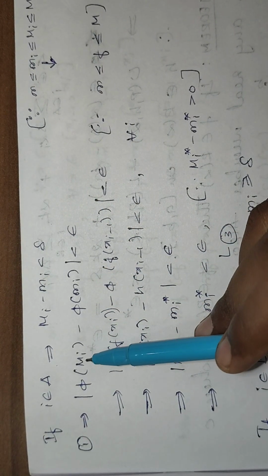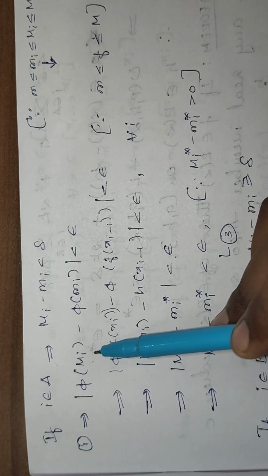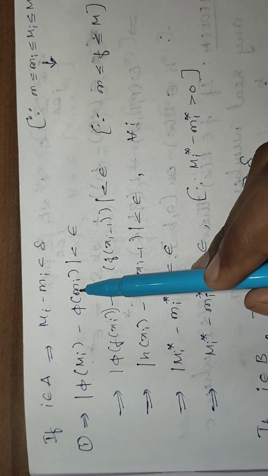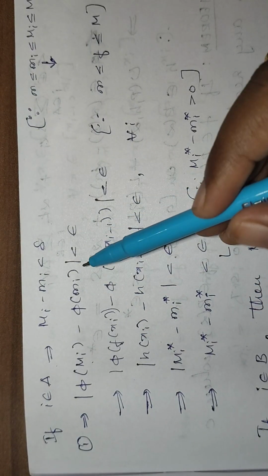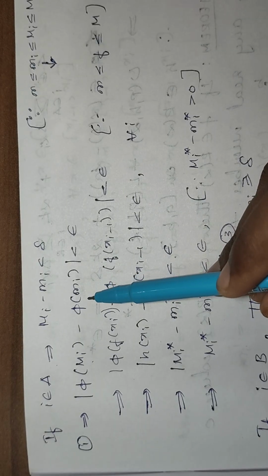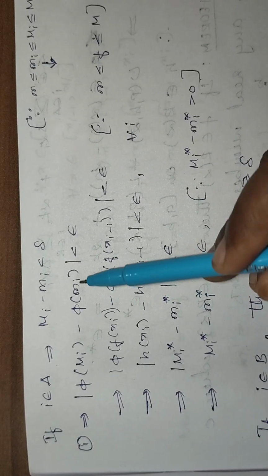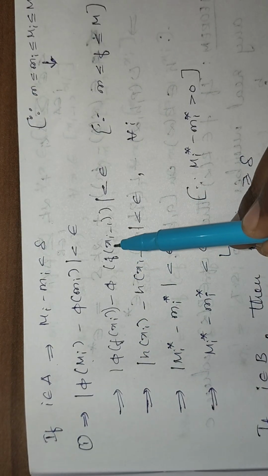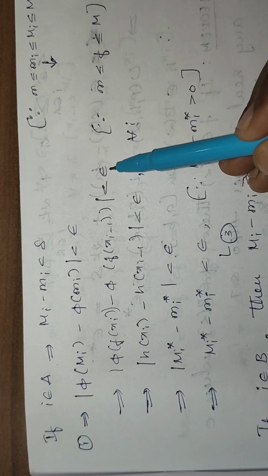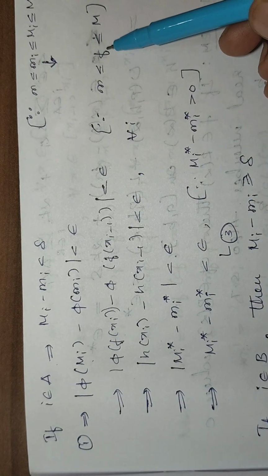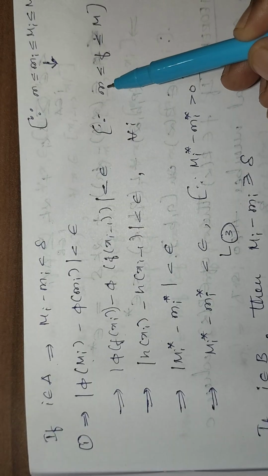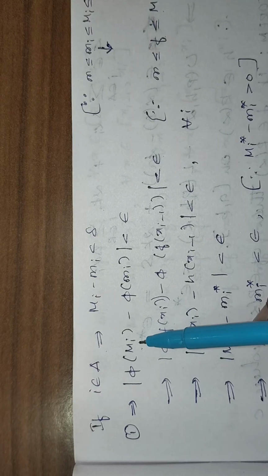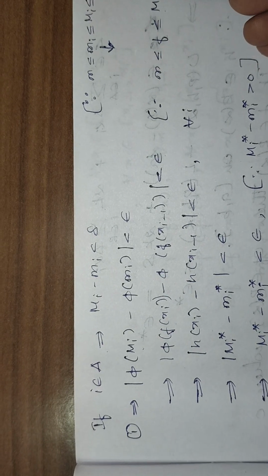Actually, this capital Mi is the supremum of f of x in the interval xi minus 1 comma xi, and this small mi is the infimum of f of x in the interval xi minus 1 comma xi. So phi of f of xi minus phi of f of xi minus 1 is less than epsilon. Why? Because this value of f lies between m and capital M, and here these values also lie between m and capital M.